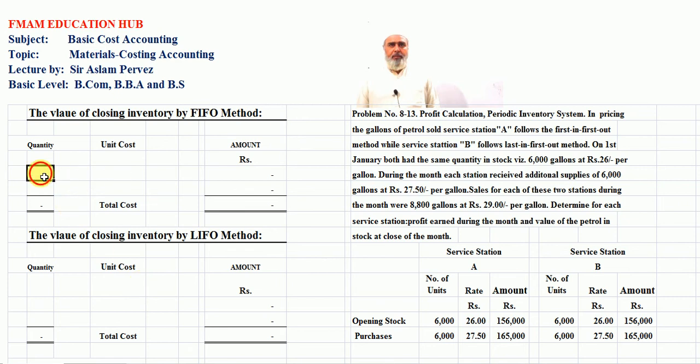Students, there are 3,200 gallons available in closing stock. Then we have to apply the last rate, which is showing in front of you as 27.50 here, because we are using the FIFO method. So we put the rate 27.50.